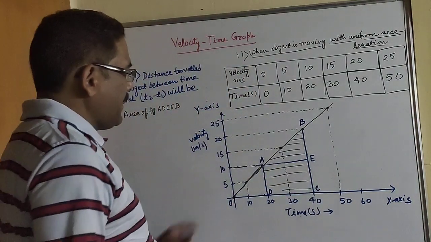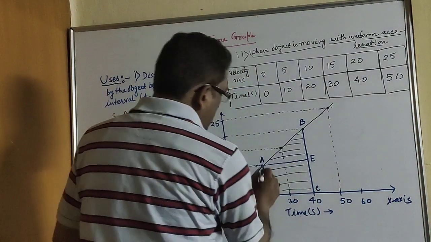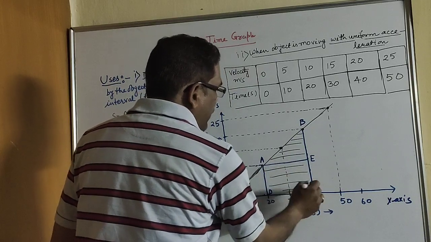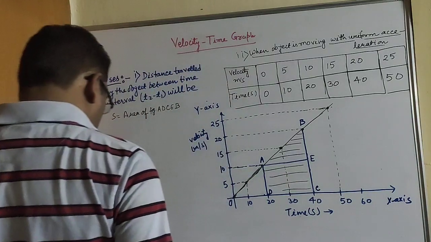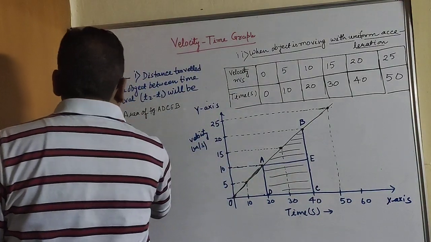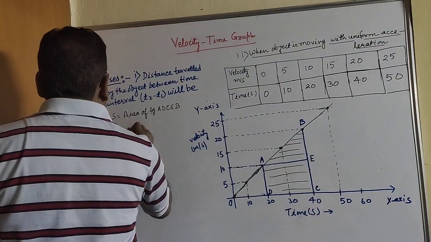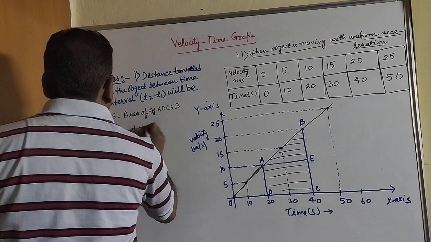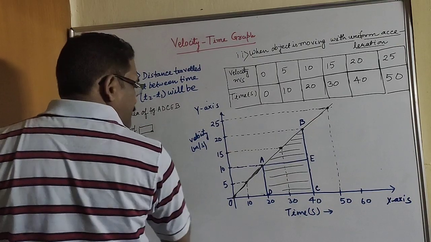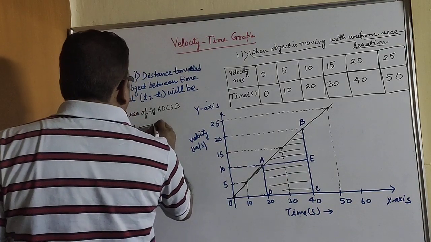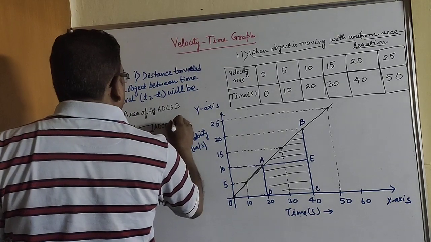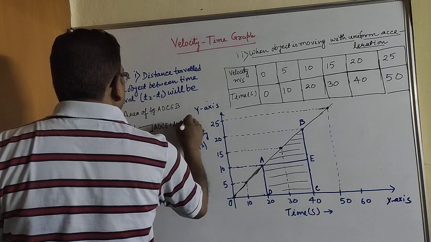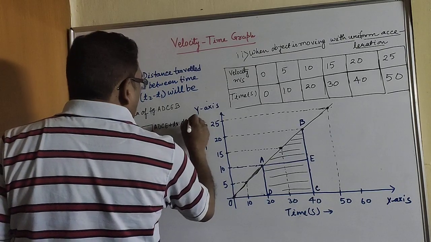Now I have divided this portion into 2 parts, into a rectangle ADCE and a triangle AEB. So it can be written as area of rectangle ADCE plus area of triangle AEB.